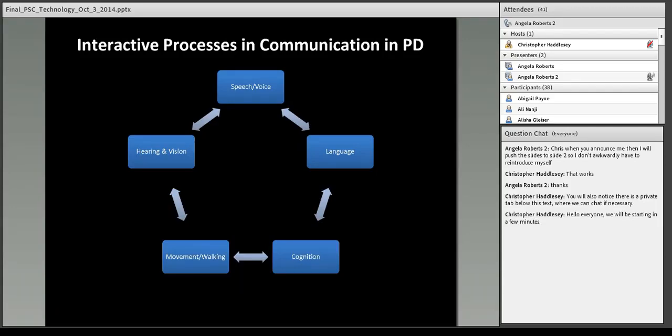Given the age group people with Parkinson's disease typically come from, hearing and vision changes also begin to occur, which can complicate the changes we see in communication. Add challenges accessing the environment and mobility, and you have a very complicated interactive picture of how communication can break down in PD.